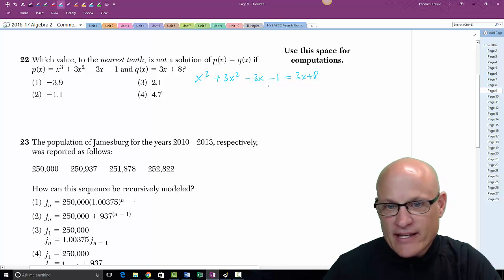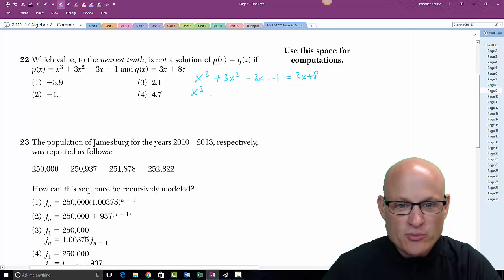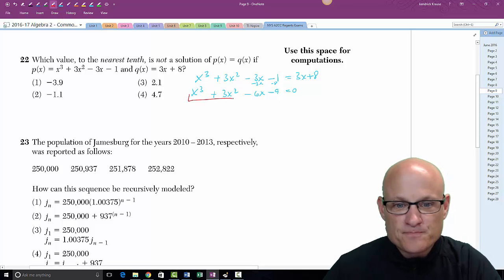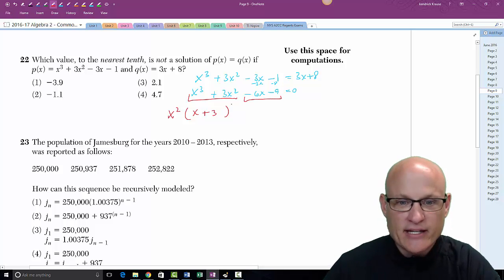I'm going to bring the 3x and the 8 over, so I get x cubed plus 3x squared minus 6x minus 9, right? I'm subtracting 3x, subtracting 8, equals 0. All right, I'm going to combine these first two. What can I take out? I can take out an x squared, and I'm left with an x plus 3. Of these two, I can take out a negative 3, and I'm left with, be careful here, x plus 3.